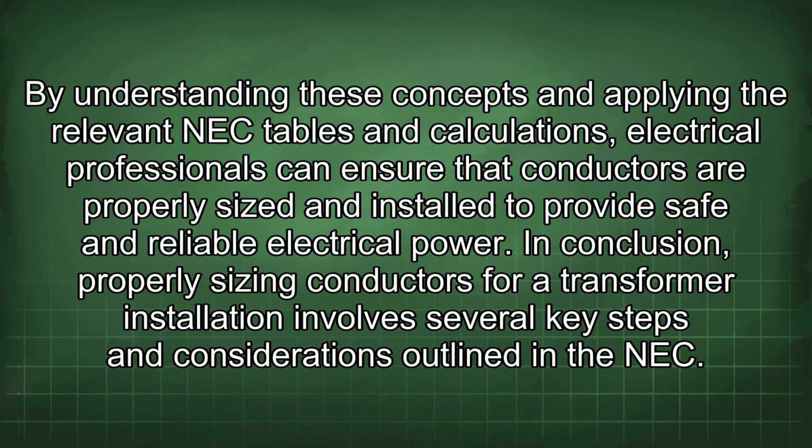By understanding these concepts and applying the relevant NEC tables and calculations, electrical professionals can ensure that conductors are properly sized and installed to provide safe and reliable electrical power. In conclusion, properly sizing conductors for a transformer installation involves several key steps and considerations outlined in the NEC.